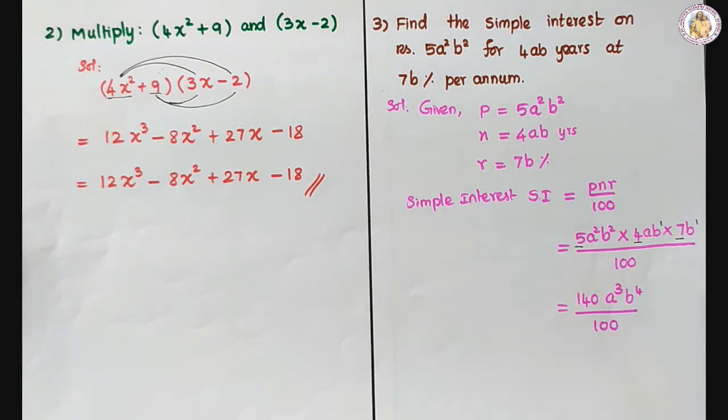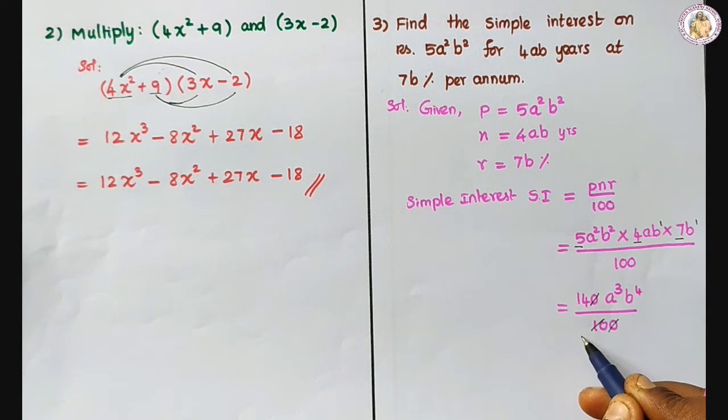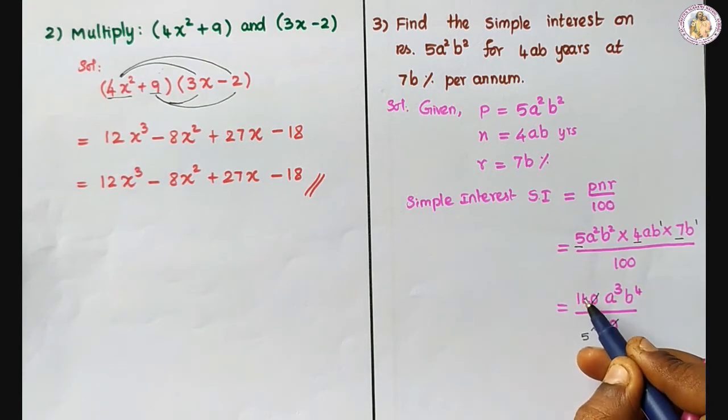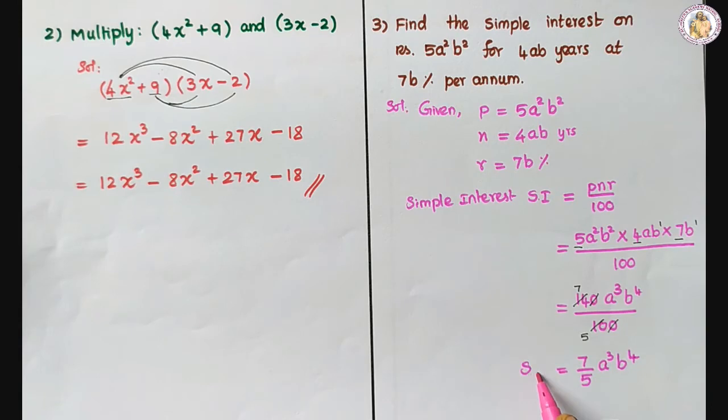Now cancel the numerical coefficients. 0 0 cancelled, cancel with the other numbers. 2 5s are 10, 7 2s are 14, so 7 by 5 a cube b power 4. That is the simple interest. That is the answer.